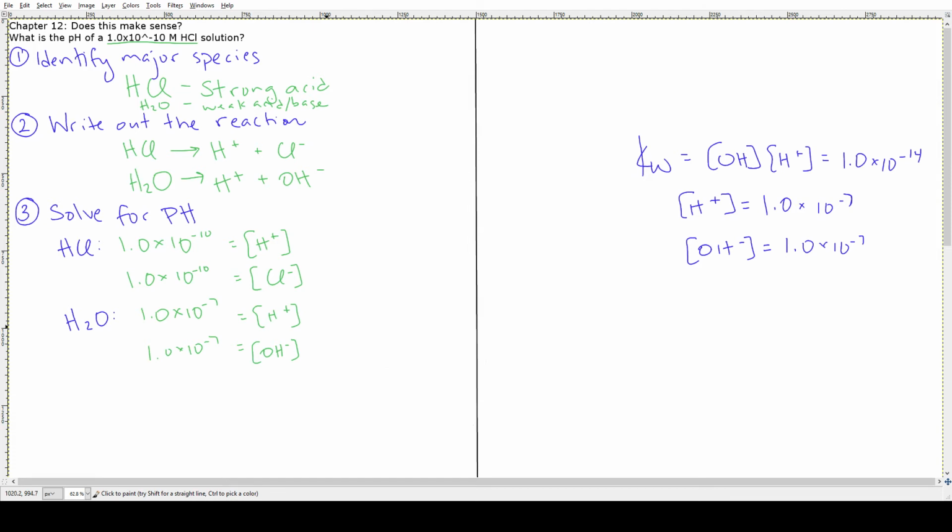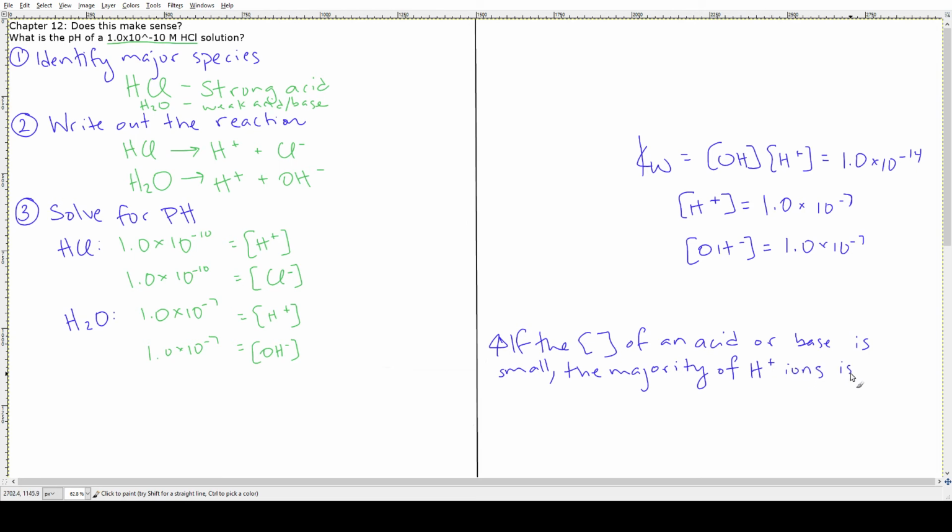If the concentration of an acid or base is small, and we're talking less than 10 to the negative 7, then the majority of your hydrogen ions is actually going to come from your water, from water's natural process of forming hydrogens and hydroxides.